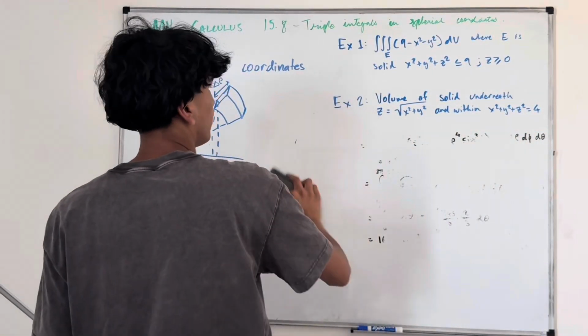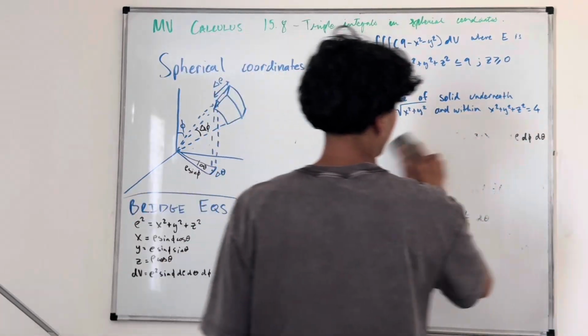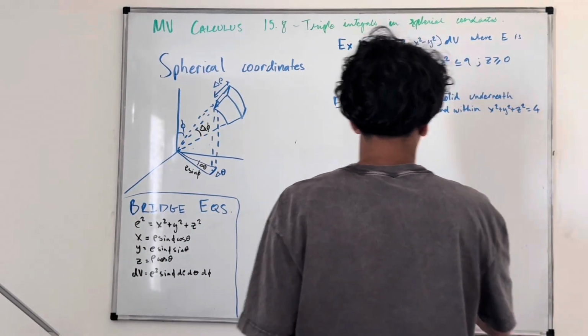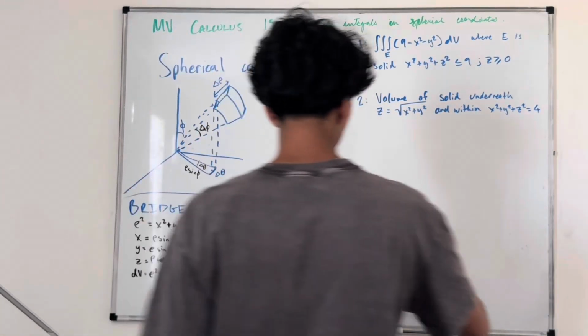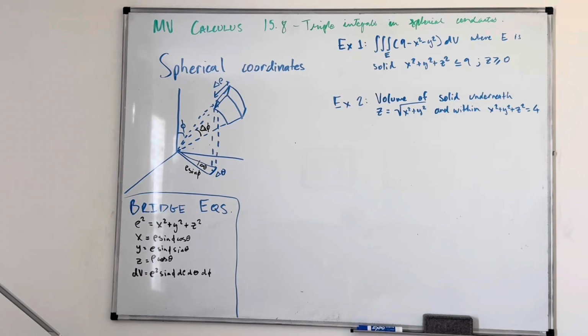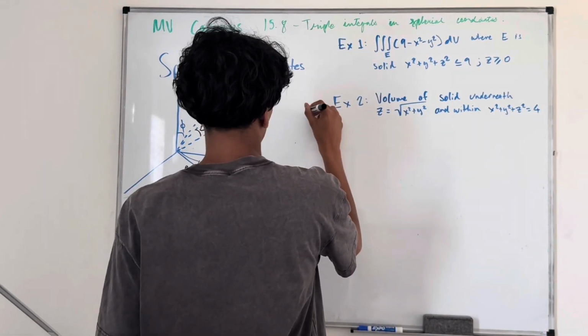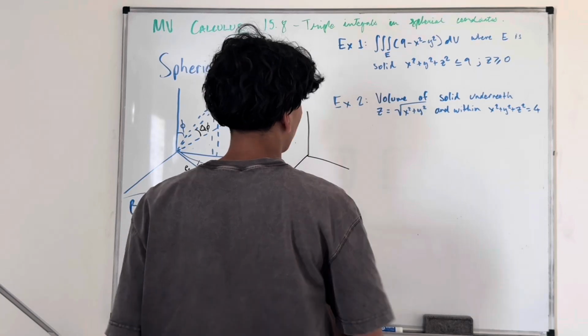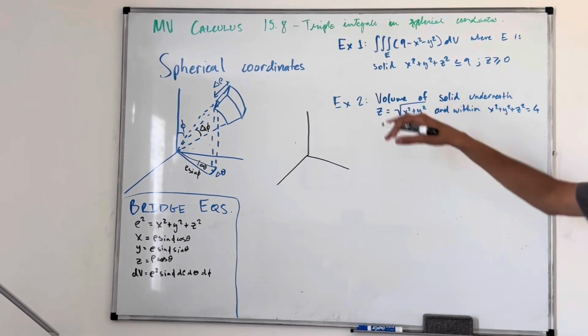So we want to find the volume of a solid underneath z equals root x squared plus y squared, and within this sphere, x squared plus y squared plus z squared equals 2. If we want to draw this region, hopefully you notice that this is a half cone, right? Usually a cone is z squared equals x squared plus y squared, but this is just taking the square root on both sides and leaving us with only positive values of z.